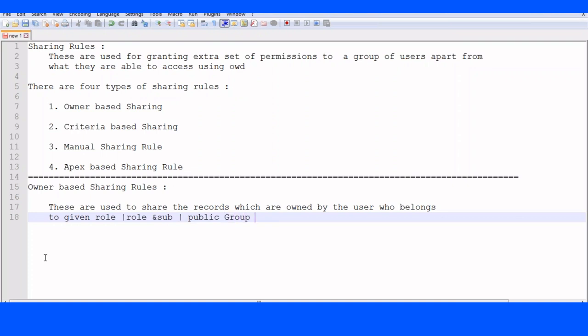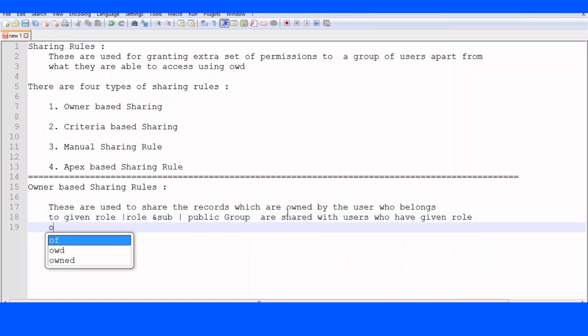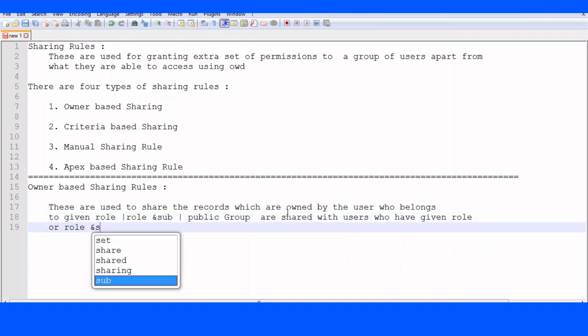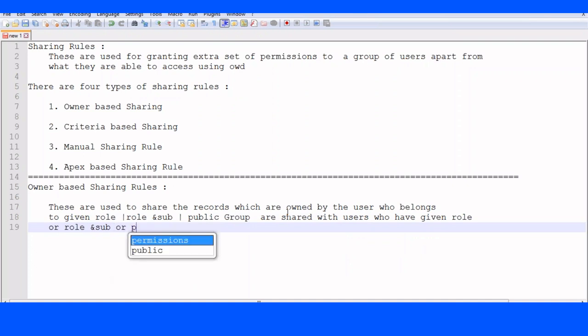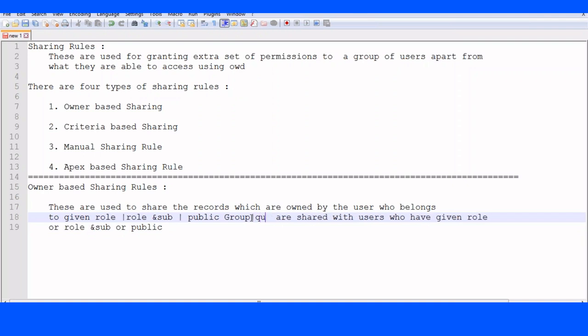Role and subordinate or public group are shared with users who have a given role or role and subordinate.